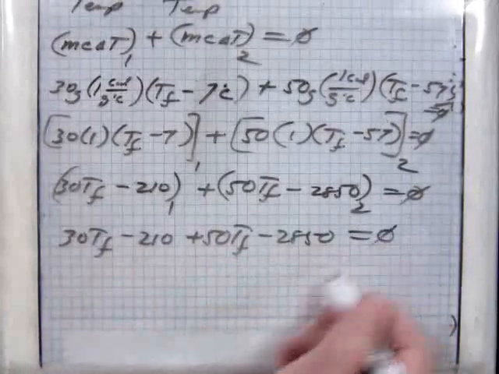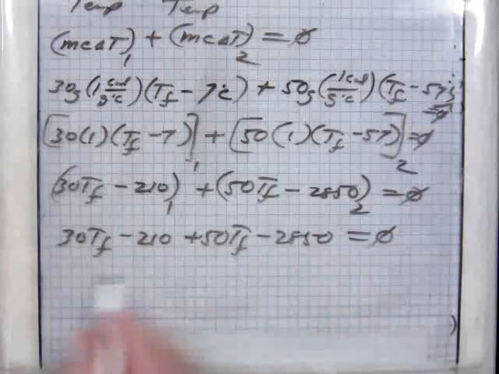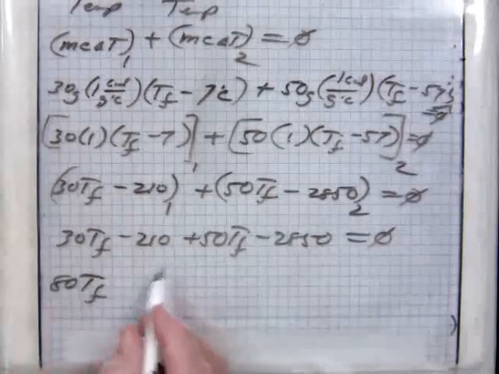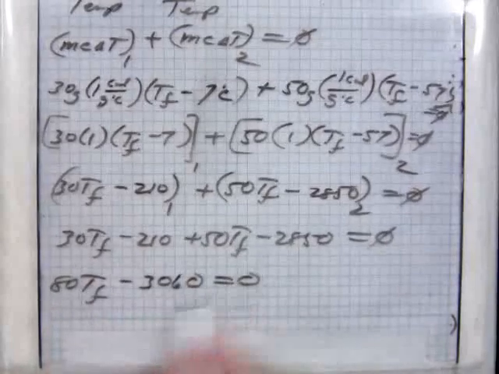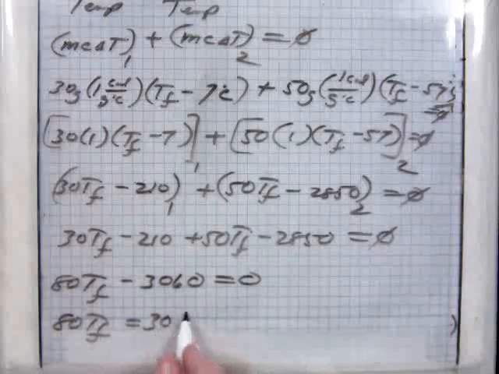All equals 0. And so 2850 plus 210 equals 3060. So 5, 6, 7, 80 TF minus 3060 equals 0. And so that's 80 TF equals 3060.